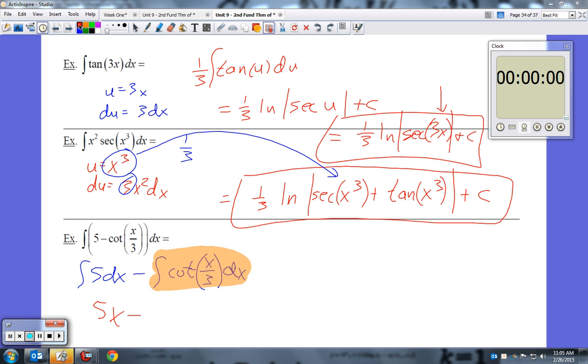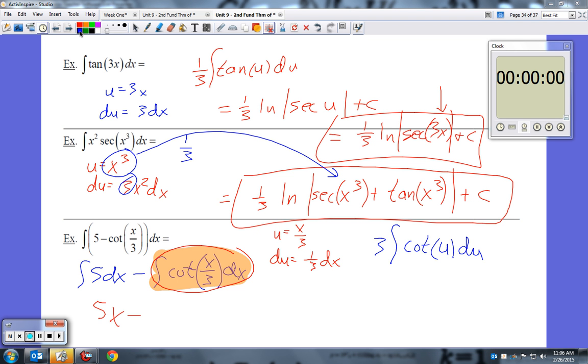Here we go. U is x over 3. Du is 1/3 dx. Again, we're just solving this, not really looking at anything else. What's the new, anybody? What's the new integral? 3 times cotangent of u du.